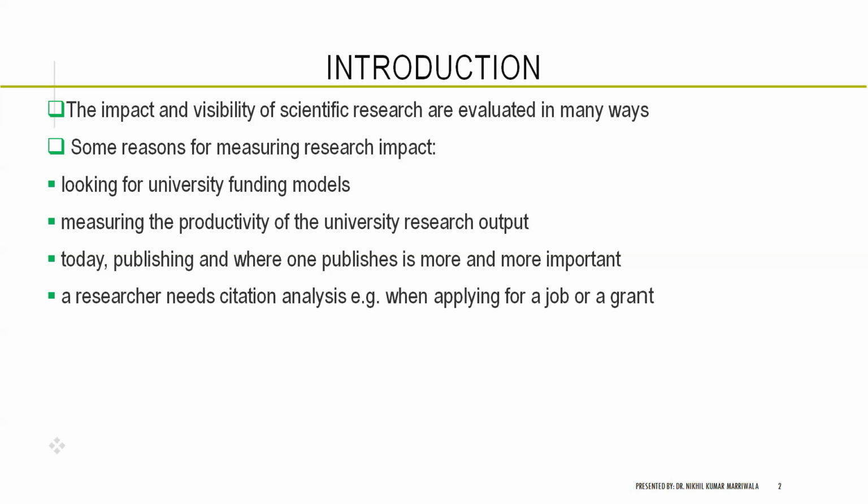And as far as Chitkara University is concerned, I believe they are very much into how to increase their research impact and visibility, and how to make sure that the university is pretty visible to everybody, right? So looking at university funding models is the first part that we must always understand, measuring the productivity of the university research output.